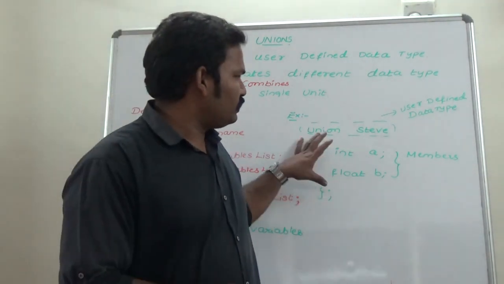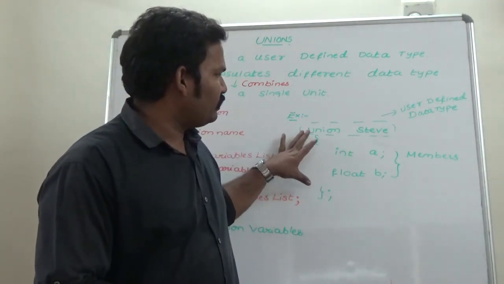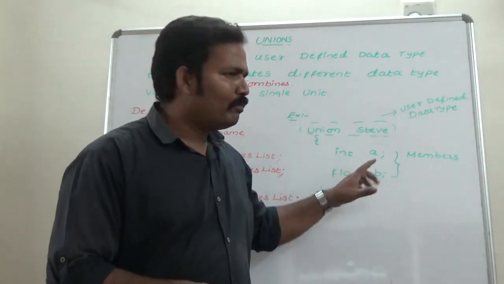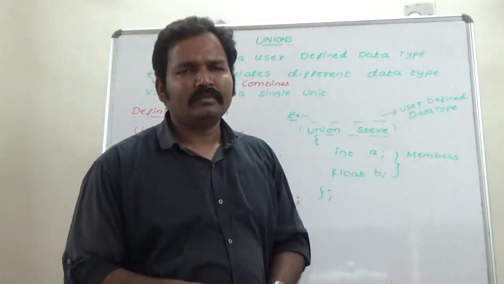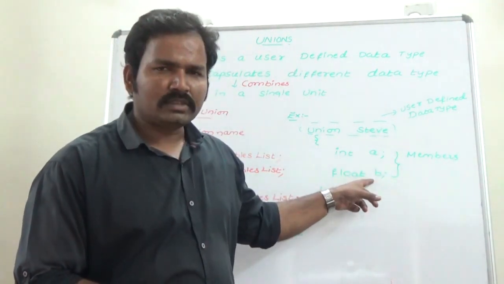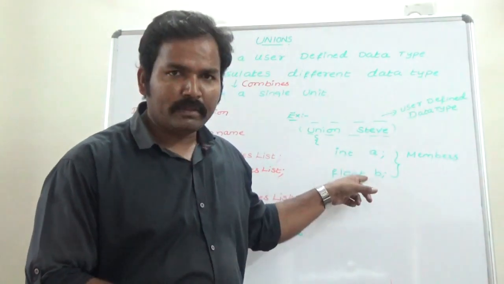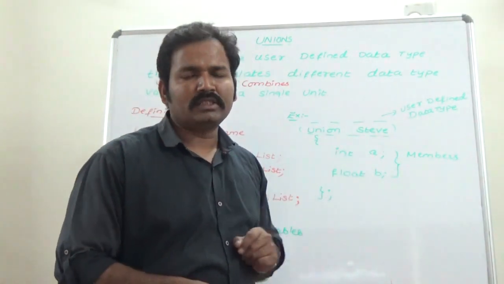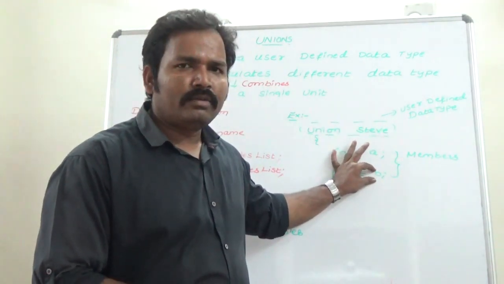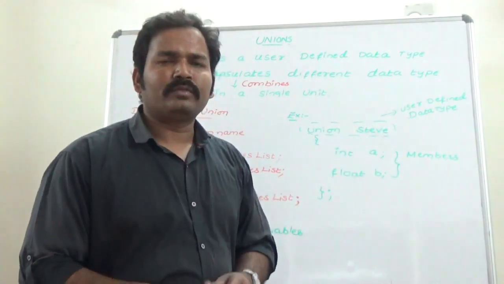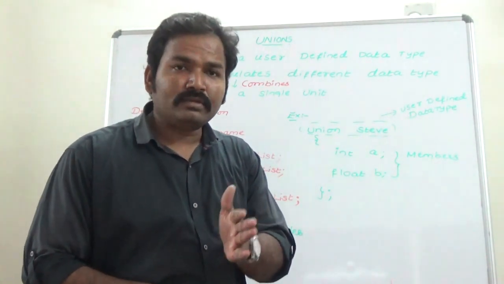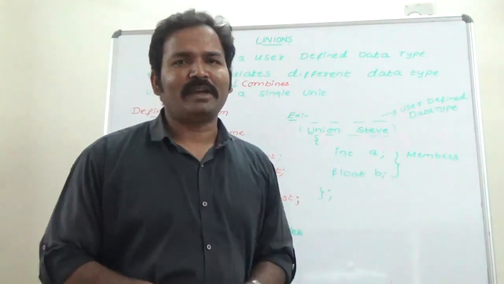So here we just defined a union. When defining a union, memory blocks will not be allocated. Okay, so to allocate memory blocks for these union members, we have to create a variable of union steel type.